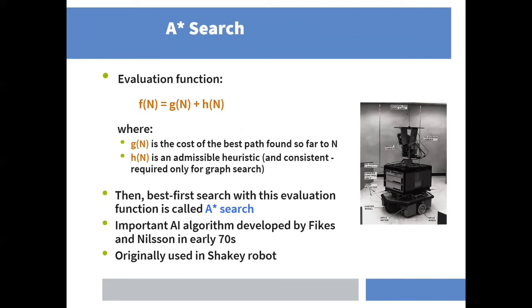A-star search is an important AI algorithm developed by Fikes and Nilsson in early 70s. It was originally used in the Shakey robot, which is the first mobile robot with the ability to perceive and reason about its surroundings.